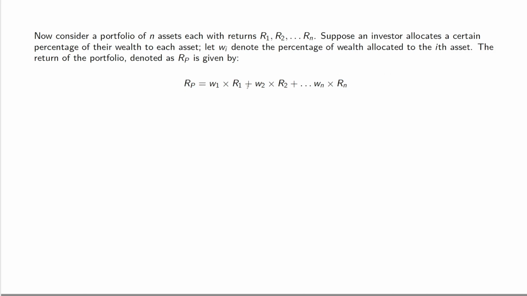You can think of the total return as a weighted average of the returns of each of the N assets, depending on how much you allocate. The more you allocate to a certain stock, the more the return will look like that stock.